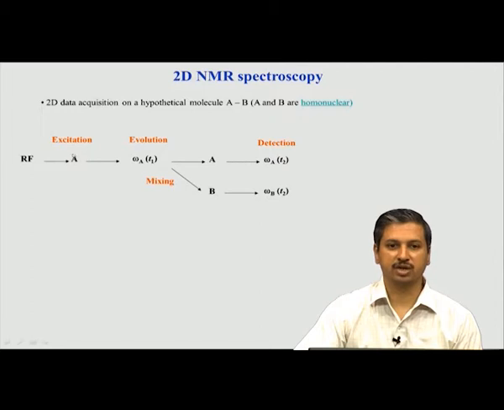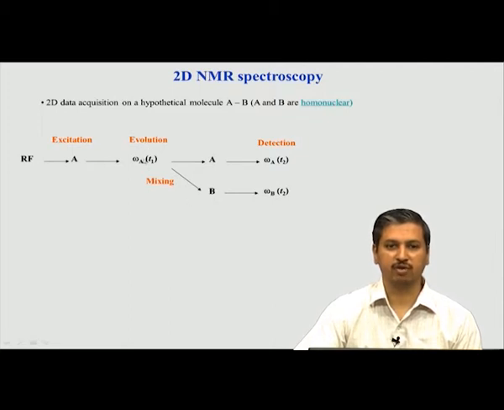So we start, let us say, by considering spin A. We have excited A, and it evolves by its chemical shift during T1. Now the second pulse is called a mixing pulse. Why is it mixing? Because it has now excited B, but remember, during the evolution it has transferred magnetization to B. So when we apply the second pulse, B gets excited, but that process of starting from A, transferring to B and then exciting B, we call mixing.